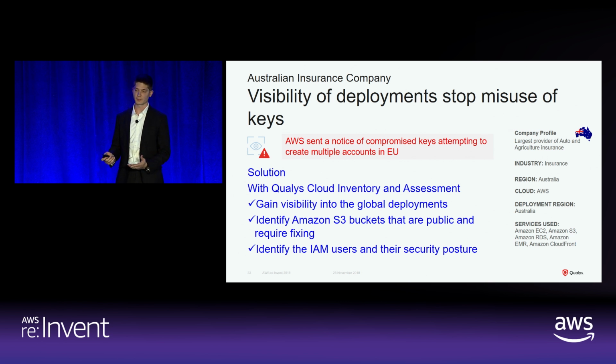So we gave them visibility. We gave them the controls they needed to detect the S3 buckets that were publicly readable and resolve that. And we also detected the IAM users and the keys and ensured that they were following best practices.